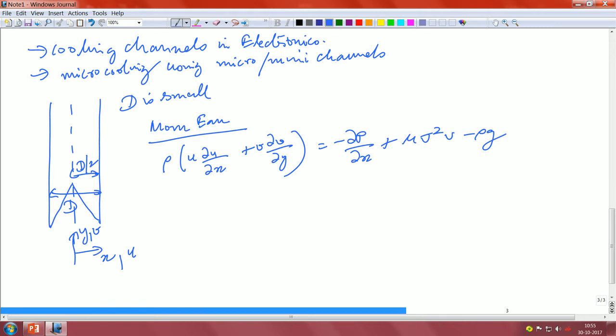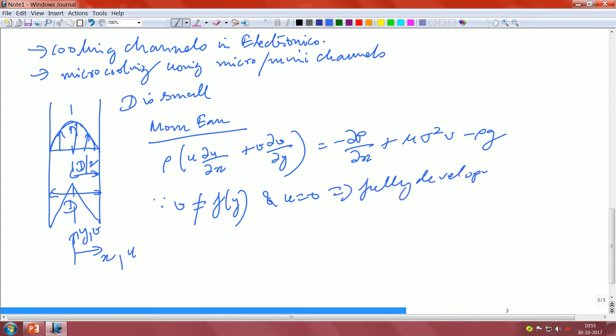Looking at this velocity profile that we showed, of course this is the peak, we can safely assume that V, the velocity in the vertical direction, is not a function of y, very similar to the fully developed assumption, and your u is basically equal to 0. All this comes from the fully developed flow assumption.